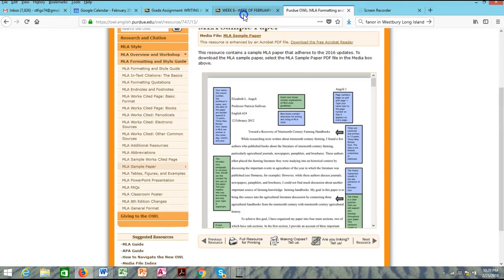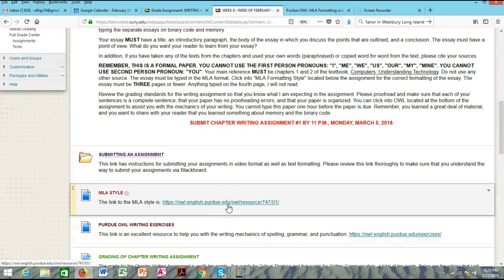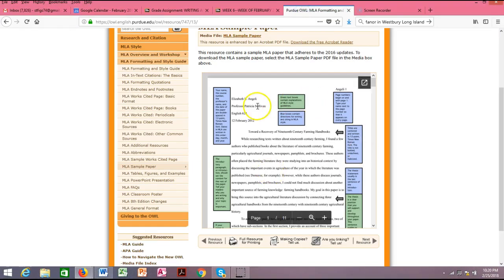All right, so let's go to what the format of your paper is supposed to look like. I've included the link. This is the link that I'm using right here. You're using MLA style, and this is what I expect your paper to look like in a Word document, not in the comment box. Some of you will be doing that. You can't do that because I can't make corrections, and I didn't ask you to put it in the comment box.